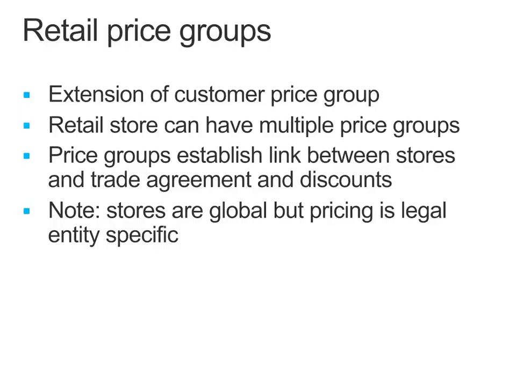One thing I want to call out here is that the stores are global, but the price groups, trade agreements, discounts, etc., are all legal entity specific. So you have to be a little careful when you configure those prices, because you have to switch into the right legal entity so you assign the correct trade agreements to the store.